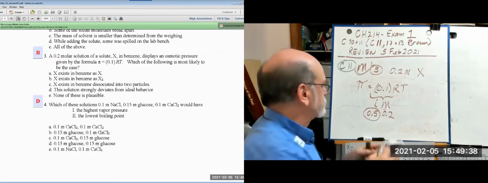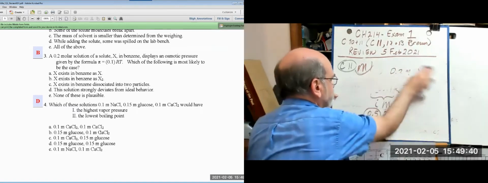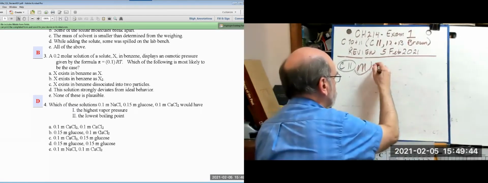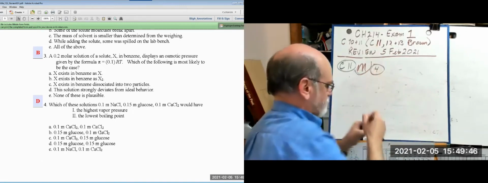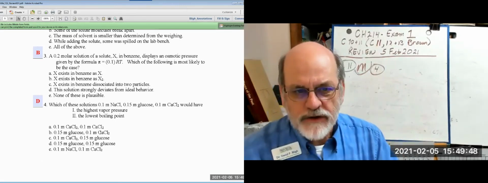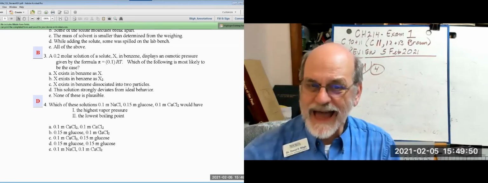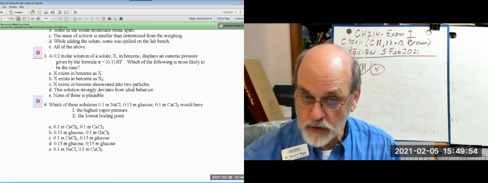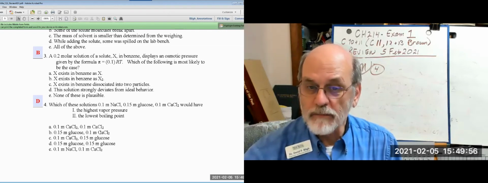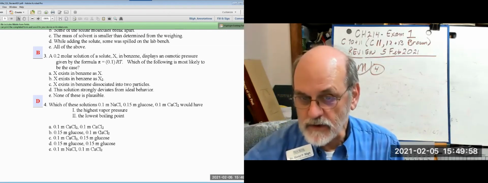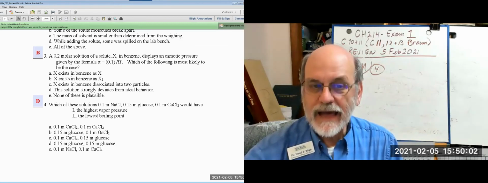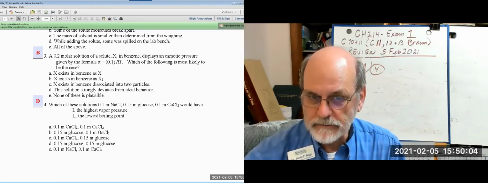Next one is 4. All right. Which of these solutions, 0.1 molal sodium chloride, 0.15 molal glucose, 0.1 molal calcium chloride, would have higher vapor pressure and lower boiling point?